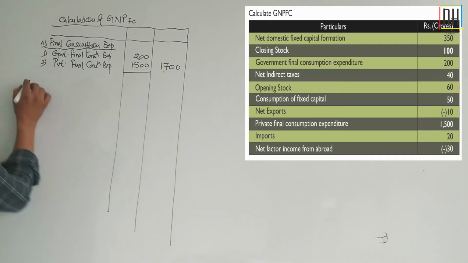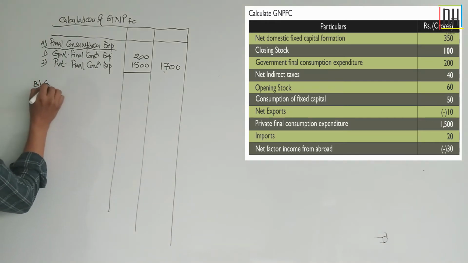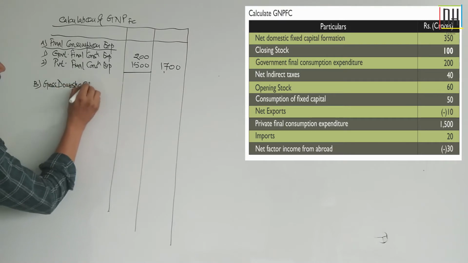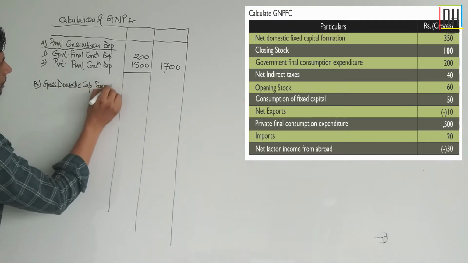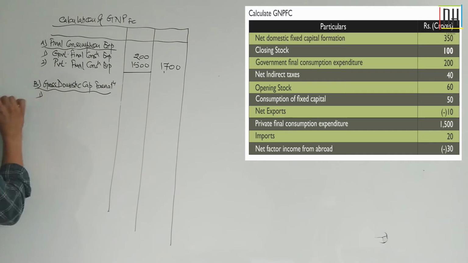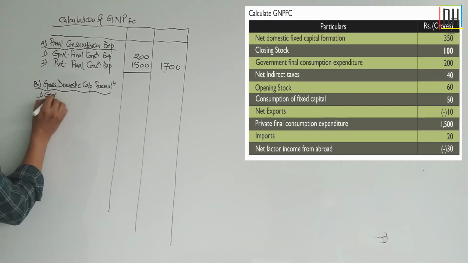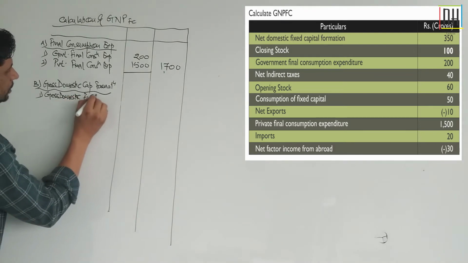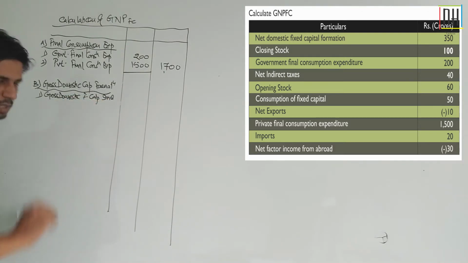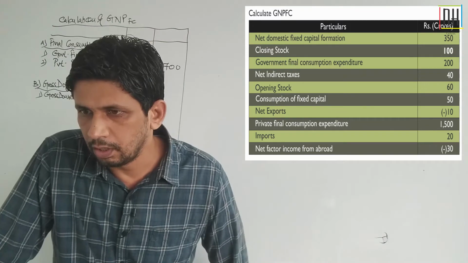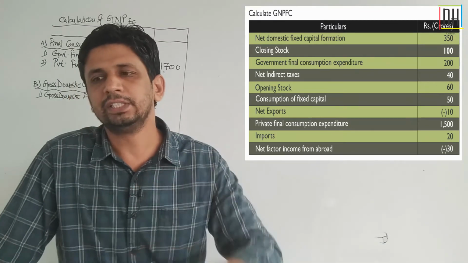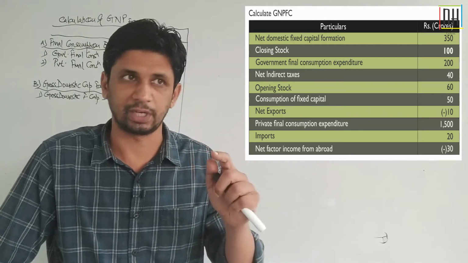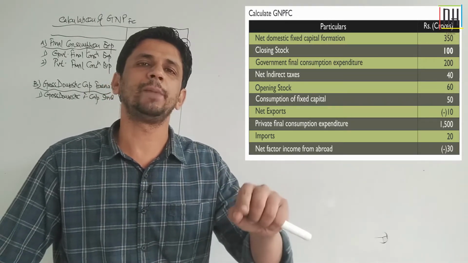Now, B constituent is the gross domestic capital formation. In this number 1 we have gross domestic fixed capital formation, fixed investment. Here net domestic fixed capital formation is given, which means depreciation is already deducted.